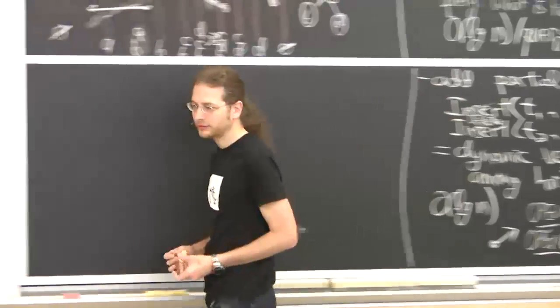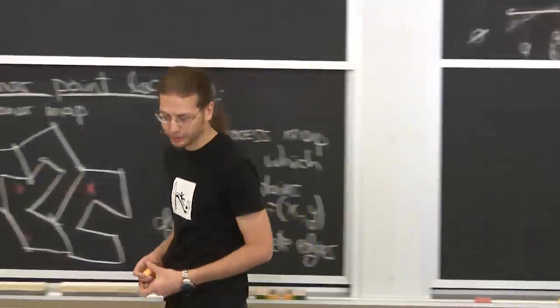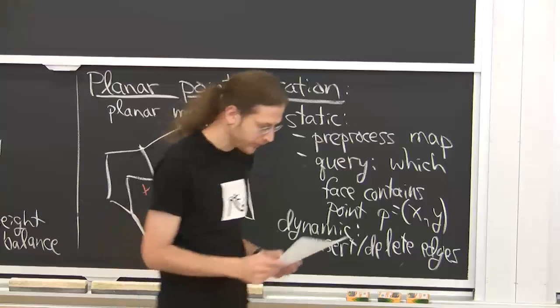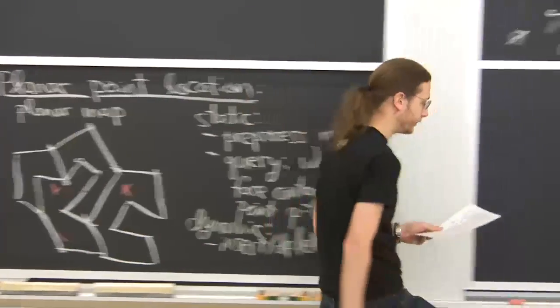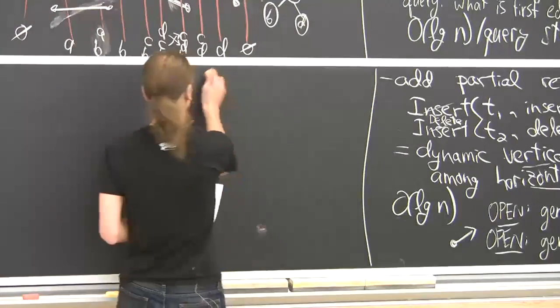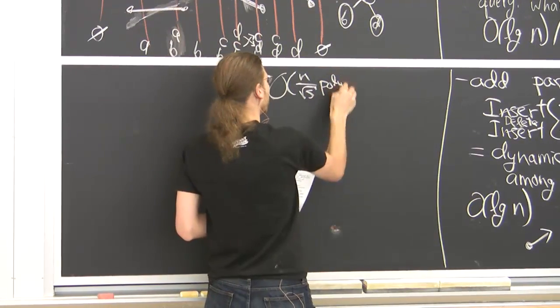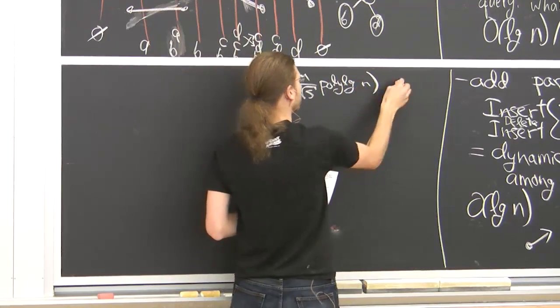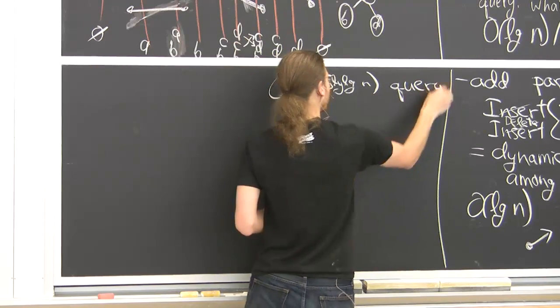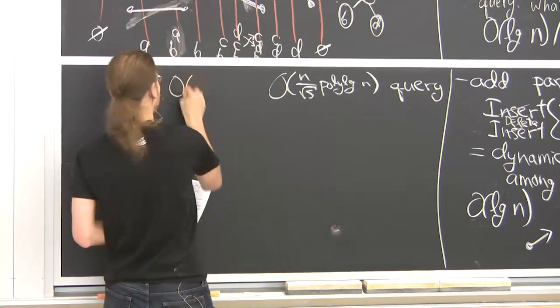And in fact, it's believed that you cannot get polylog performance unless you have a ton of space. So the best known result is, just throw this up here, you can get n over square root s polylog query if you use basically s space.